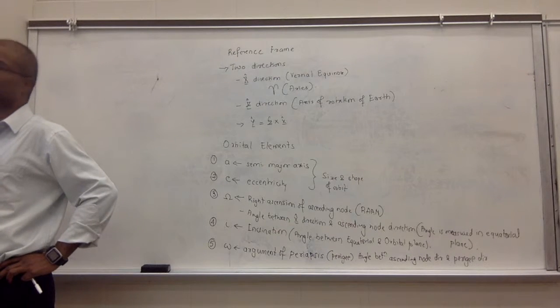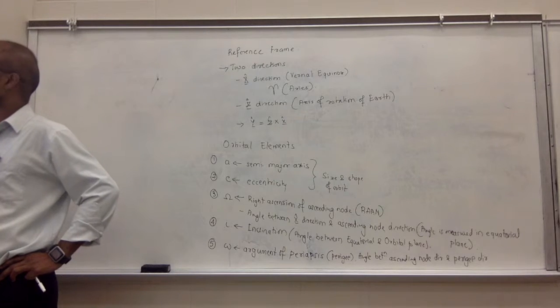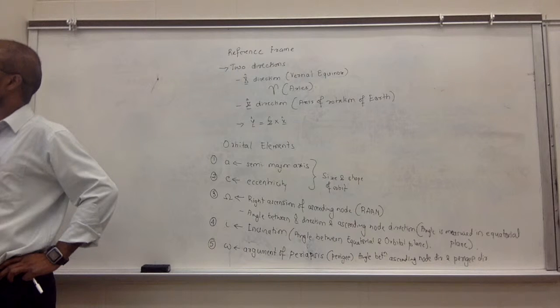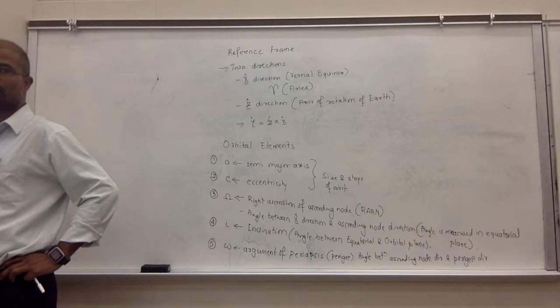If you want to look at it from the top view, this is the x direction. This is the right ascension of ascending node. This angle is completely measured in the equatorial plane.